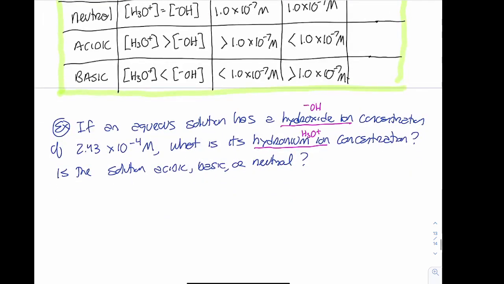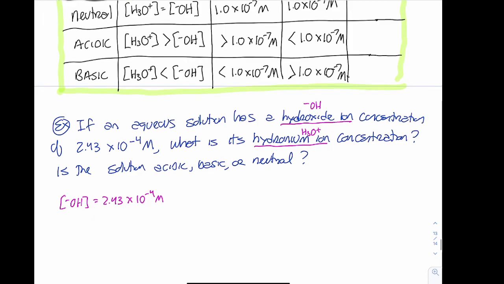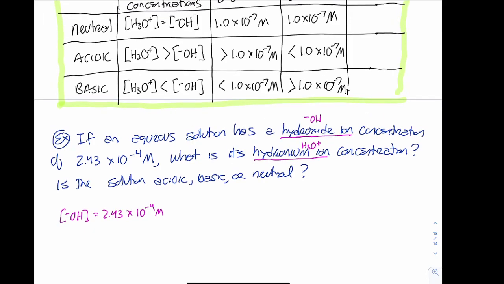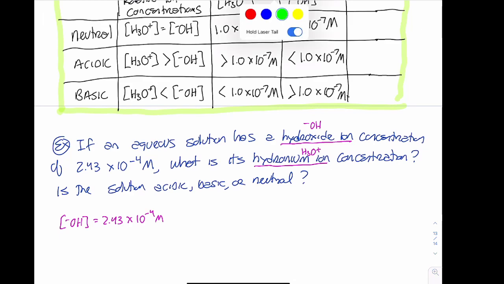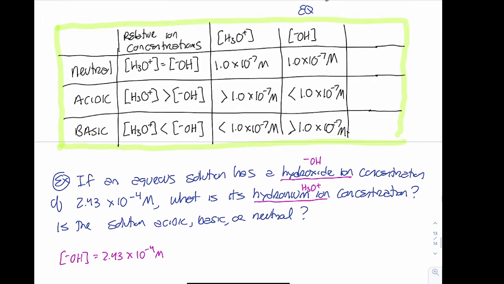So in this problem, my concentration of hydroxide is 2.43 times 10 to the negative fourth molar. And if you read hydroxide here and interpreted it in your head as hydronium, you would get whether it's acidic, basic, or neutral backwards. So be careful. We can actually answer that part of the question first. My hydroxide ion concentration is 2.43 times 10 to the negative fourth, and if we look at our table, that value is larger than 1.0 times 10 to the negative seventh.